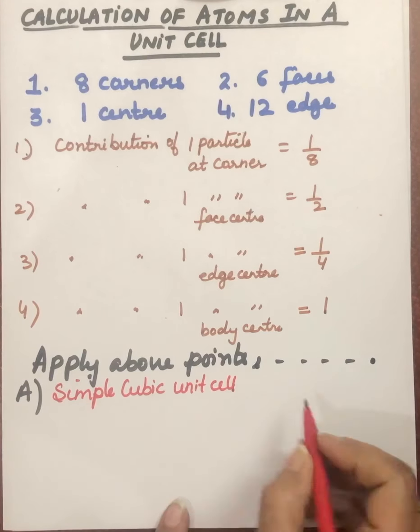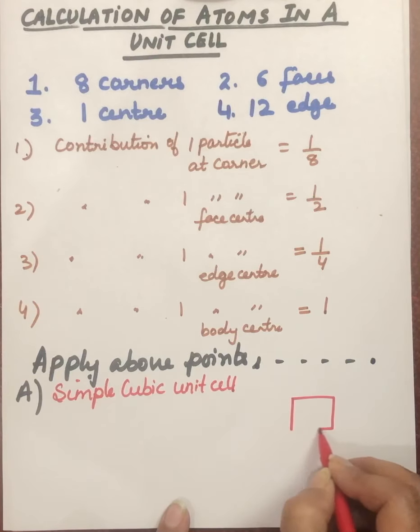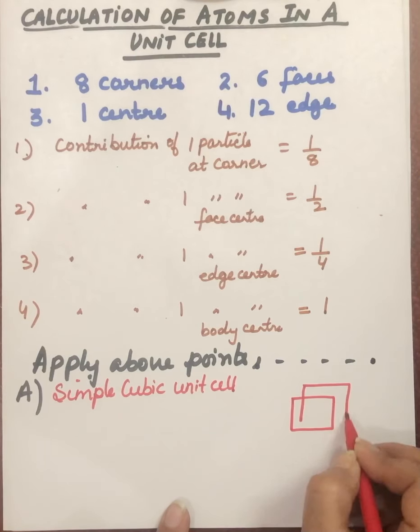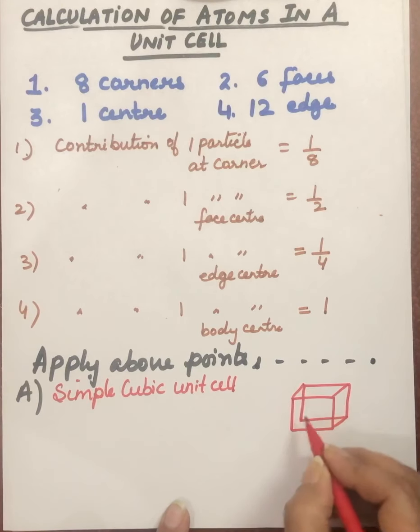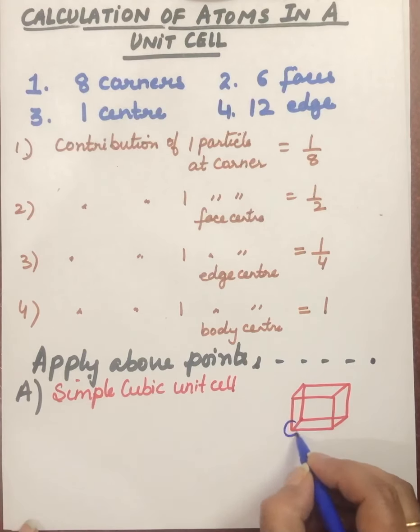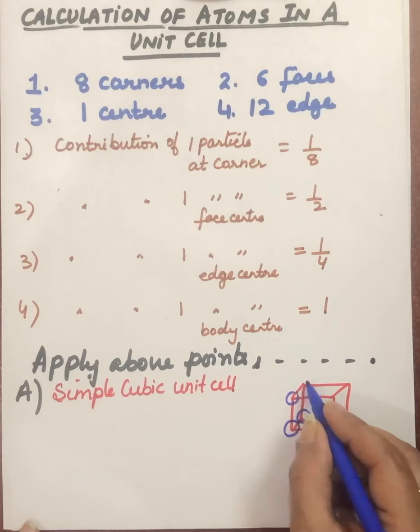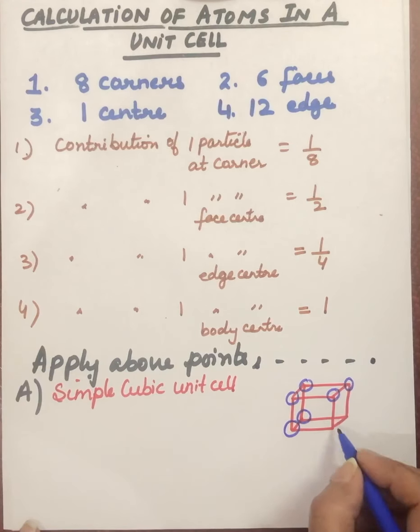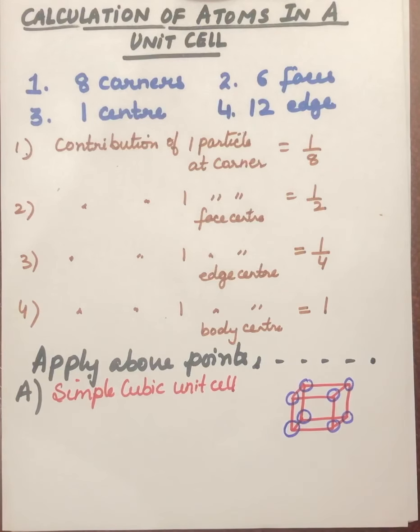Simple cubic unit cell is that unit cell which has particles present only at the corners of a unit cell. The particles are present only here at the corners, and there are 8 corners in a unit cell.